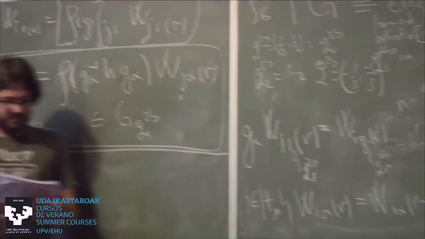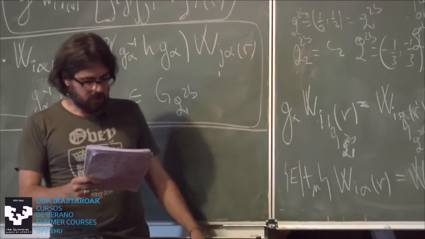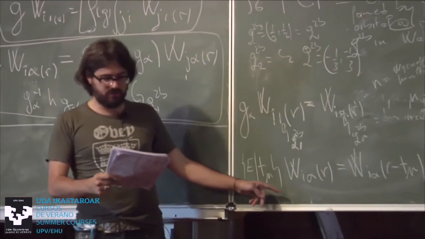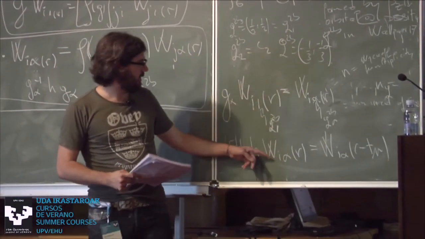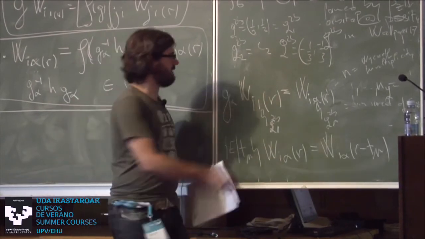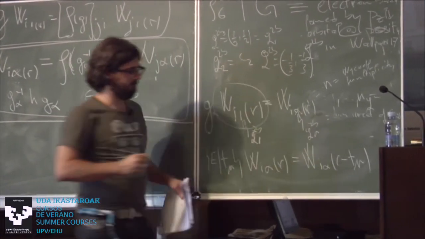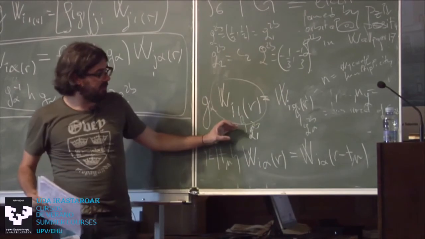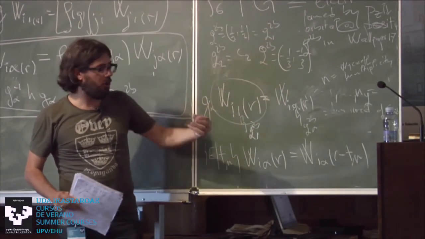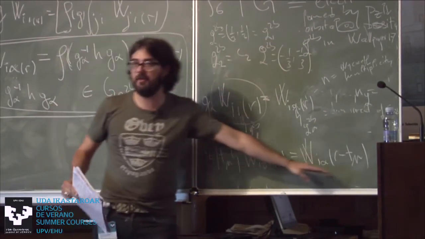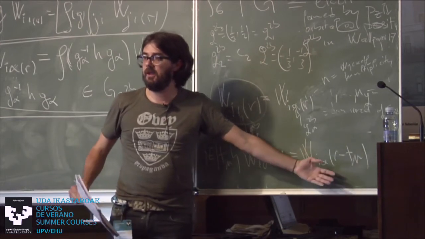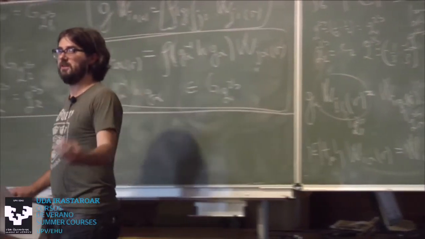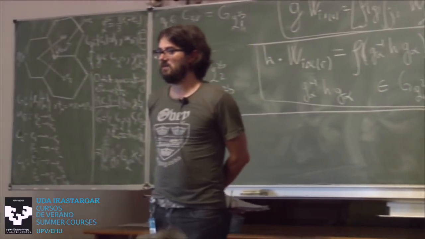I know this in one unit cell. All I need to do is translate it, and I get how these Wannier states are in all unit cells. Does that make sense?